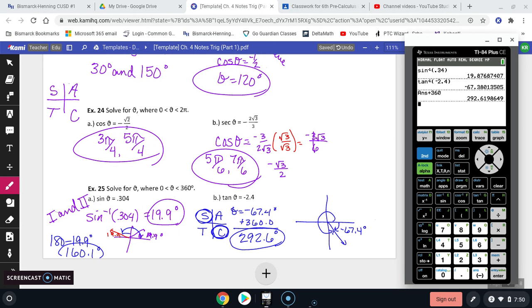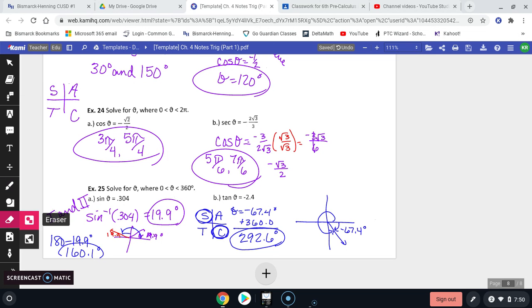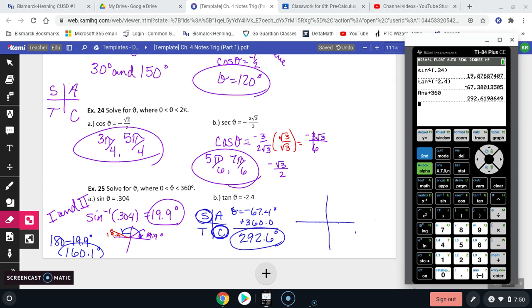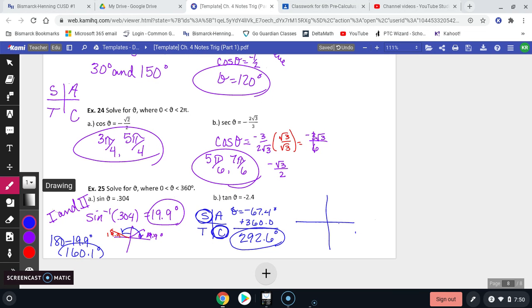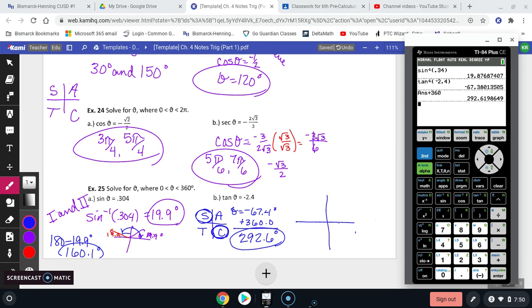Okay, now we also have an angle in the second quadrant. All right. So in the second quadrant, that 67.4 is going to be the reference angle. So here, this is that 67.4 degrees.